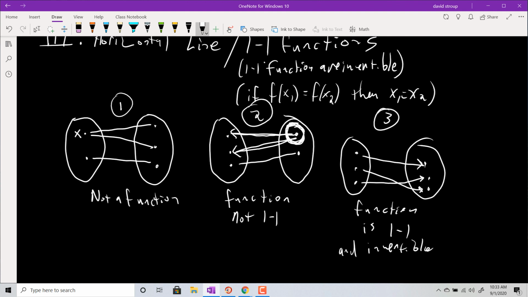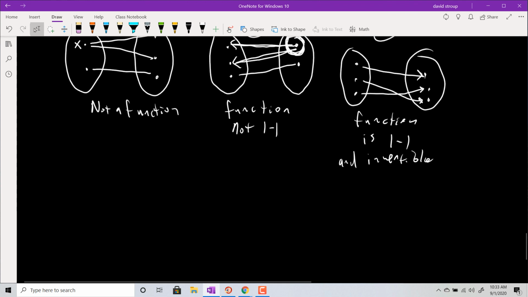Okay, so the horizontal line test is probably what most students will use to determine if something is one-to-one. Later, we need more rigorous methods because graphs can lie. But anyways, for now, we can do a horizontal line test, which is just like the vertical line test that we had before, except now the lines are horizontal, right? Horizontal line test.